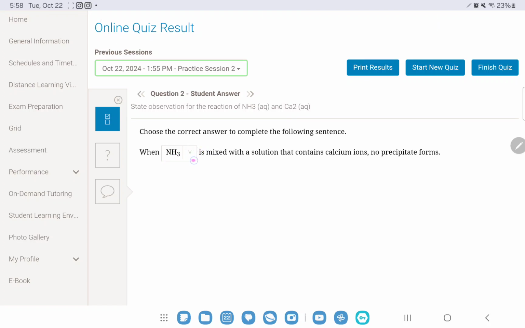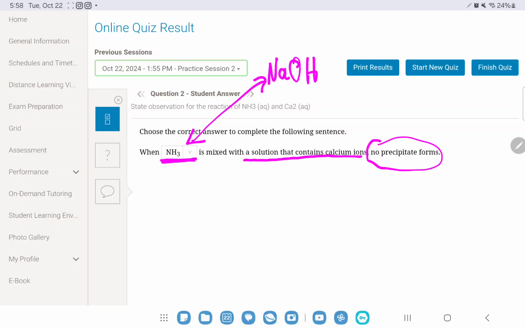So we know that you use NH3 and NaOH. Both of them, you use them to test for cations in a solution. So every time you have one of these experiments, you're gonna see that there's two different cases, one with ammonia and one with NaOH, sodium hydroxide. So when you mix NH3 with a solution that contains calcium, there is gonna be no precipitate.